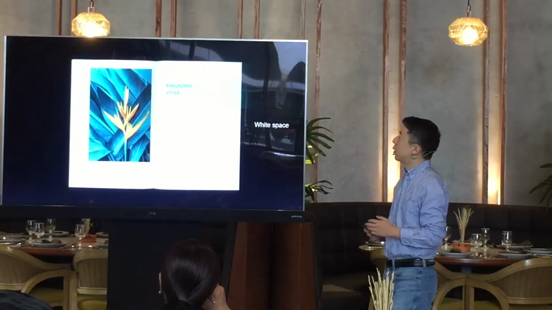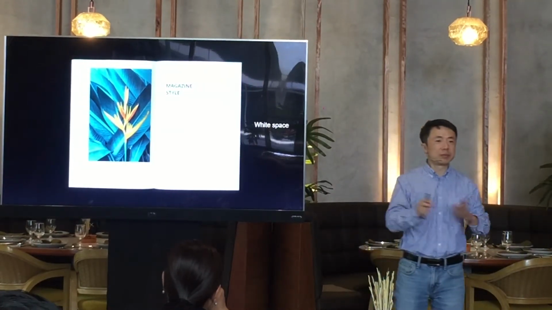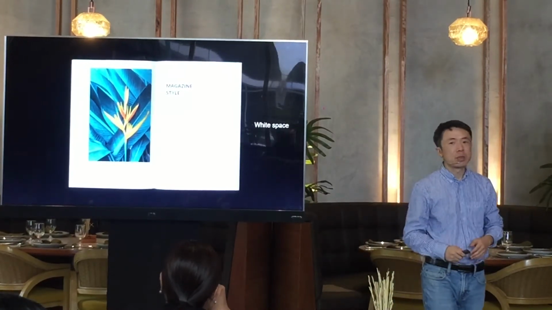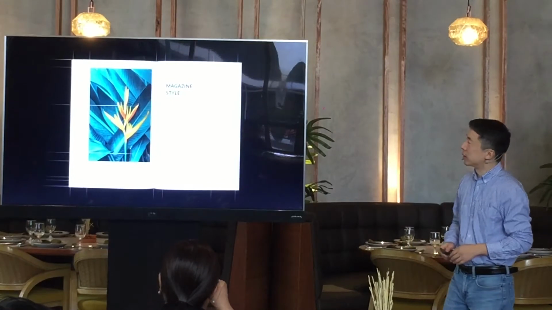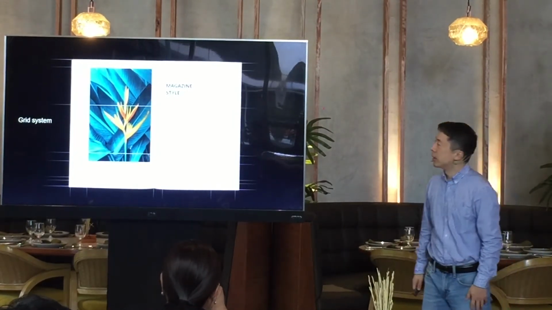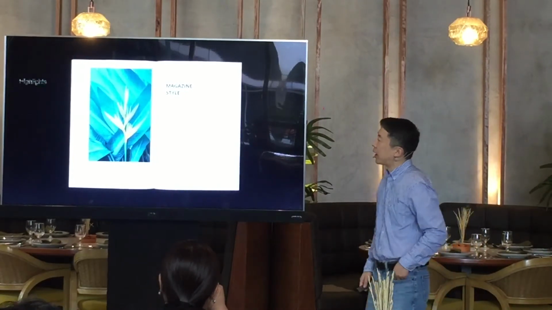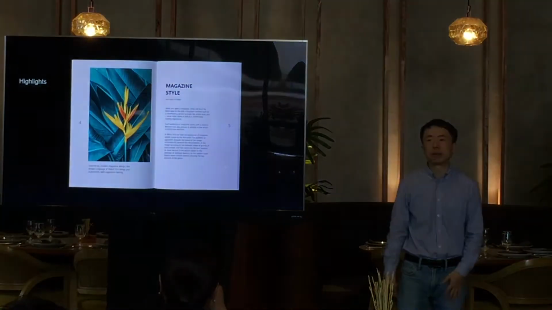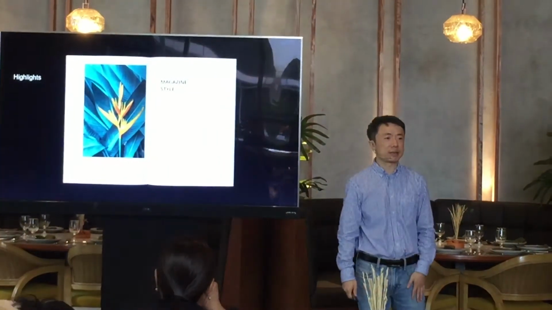There's a lot of white spacing, so you feel comfortable reading without a lot of text crumbling together, right? And there's a grid system, so that everything is in its position, and there are highlight elements like color and photos that work together with the text.